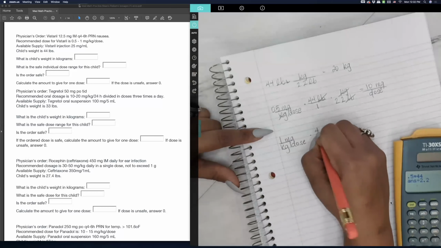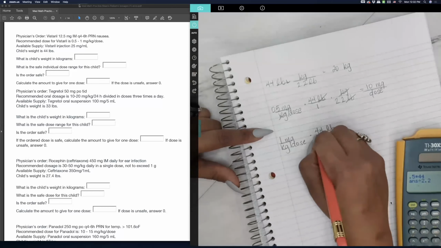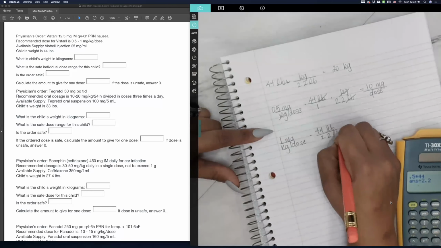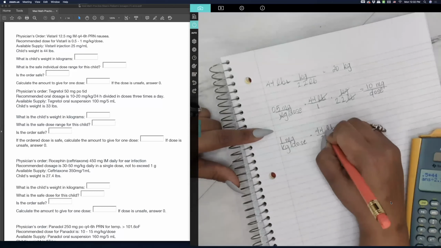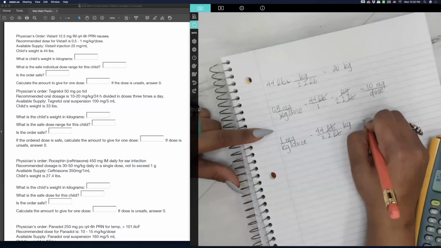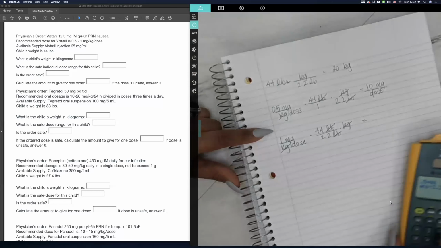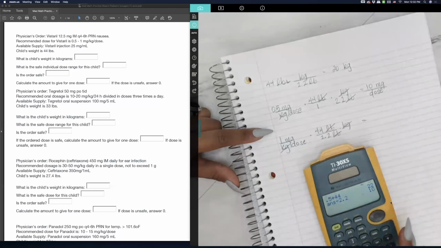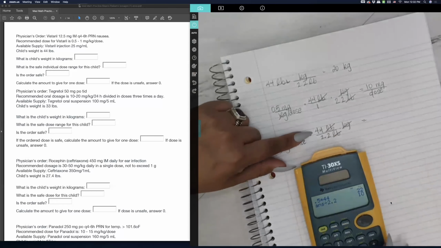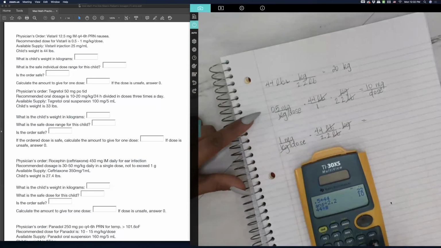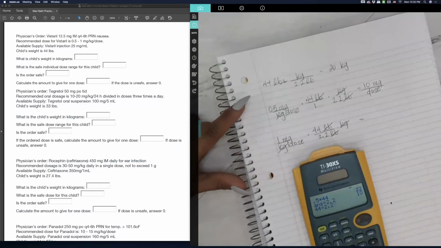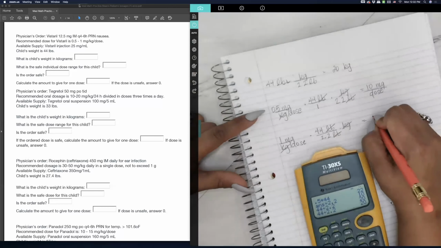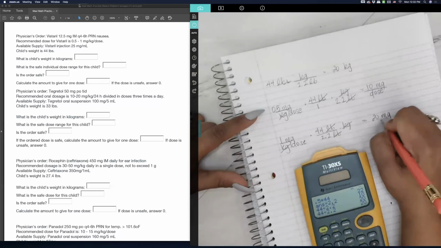And same thing, 44 pounds divided by 2.2 pounds per kilogram. The pounds will cancel, the unit kilograms will cancel, and then we're going to take 1 times 44 is 44, and then 44 divided by 2.2 is going to equal 20 milligrams per dose.